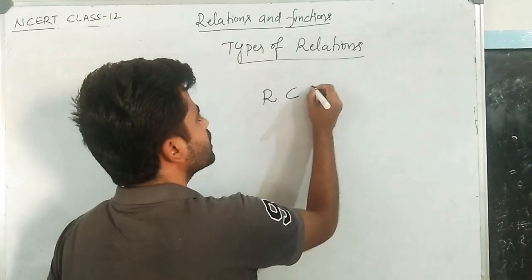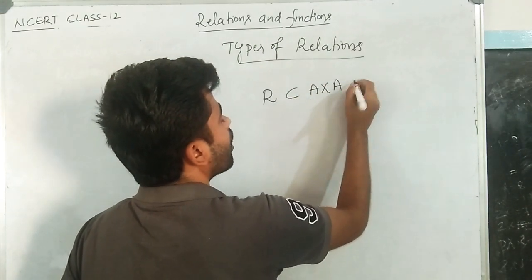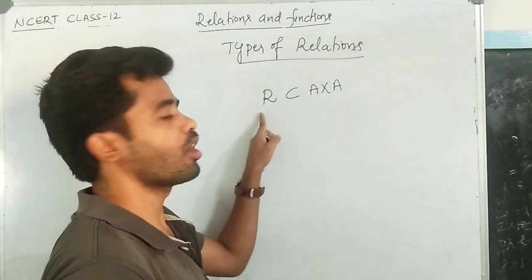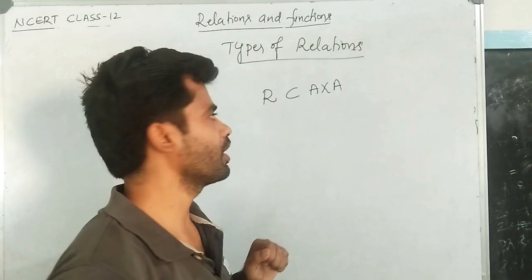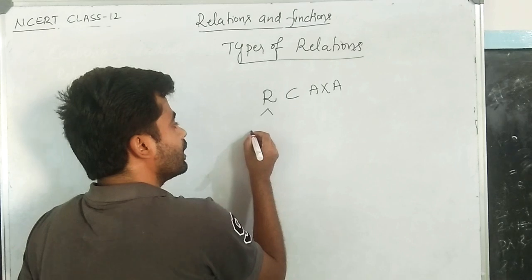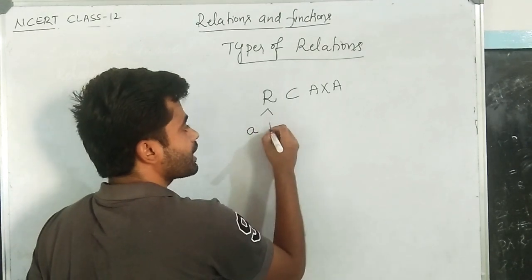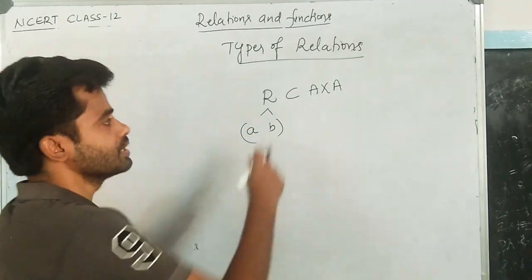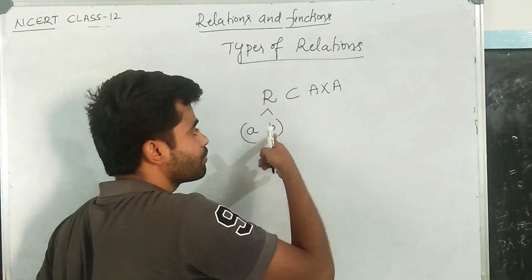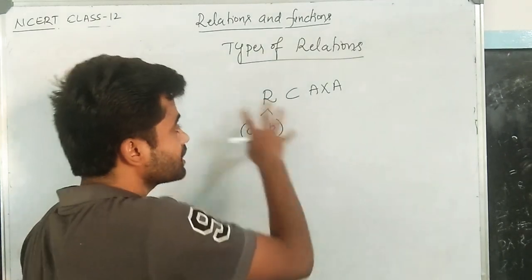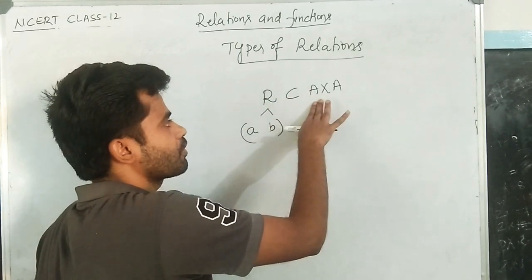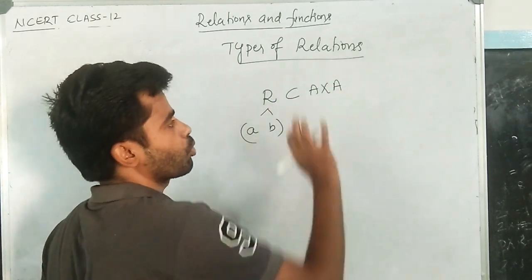A relation is a subset of a Cartesian product A cross C. This subset is obtained by relating the first element to the second element of an ordered pair. Such a set of ordered pairs is called a relation. That must be a subset of this Cartesian product.